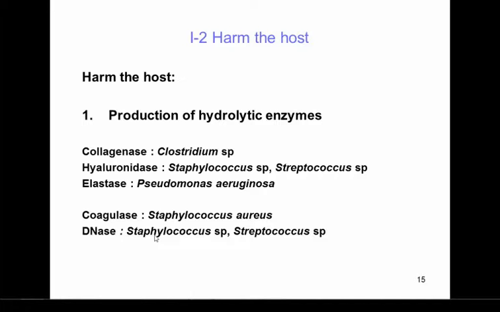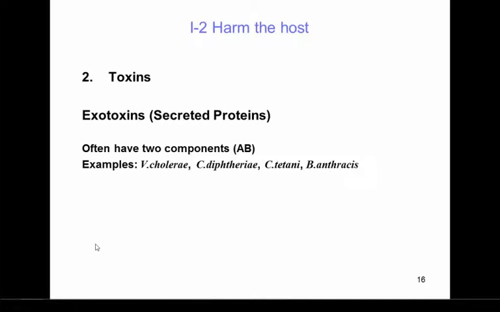High molecular weight DNA is very viscous. So these bacteria tend to get caught up in the high molecular weight DNA. To escape, it's part of the invasion process, they produce DNases. Okay, hydrolytic enzymes, one type of mechanism by which bacteria harm the host.